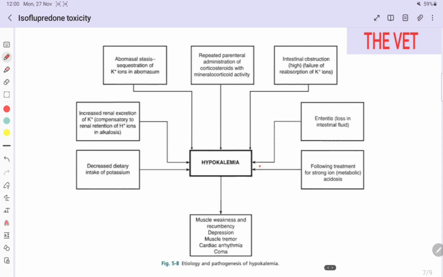So here we will discuss the etiology and pathogenesis of hypokalemia. Number one, abomasal stasis like LDA, RDA, AV, impaction. There is sequestration of potassium in the abomasum, which results in hypokalemia. Also, repeated administration of corticosteroids like isoflupredone causes loss of potassium and results in hypokalemia. Intestinal obstruction and enteritis also cause loss of potassium from the body.